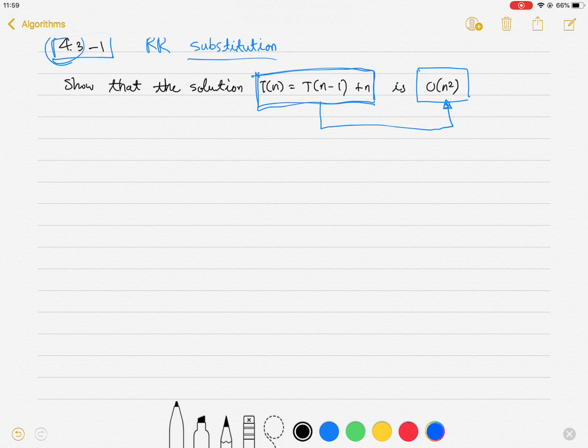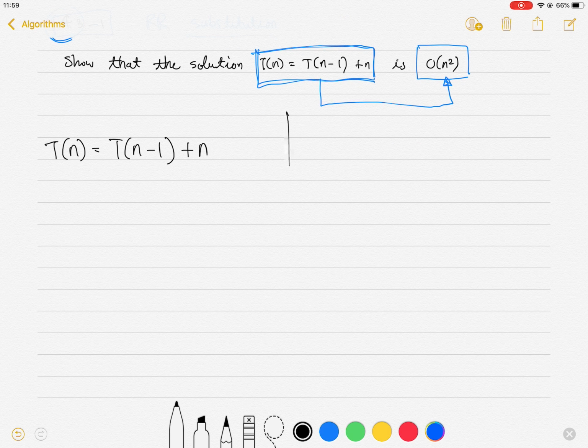So how do you do back substitution? Let me just copy the function that was given to us down here. The first step of back substitution is plugging the recursive function into itself. So what would be the result if we did that?